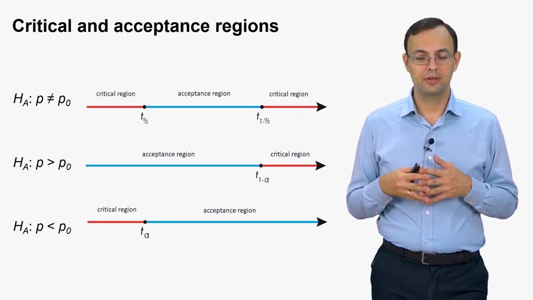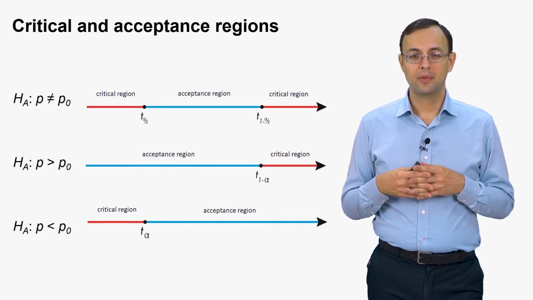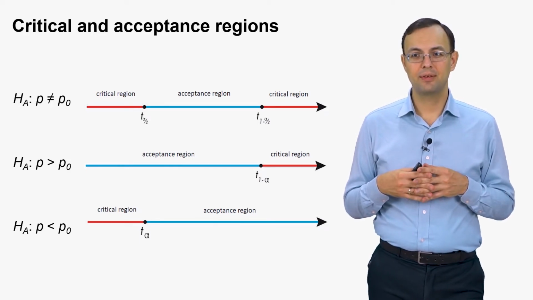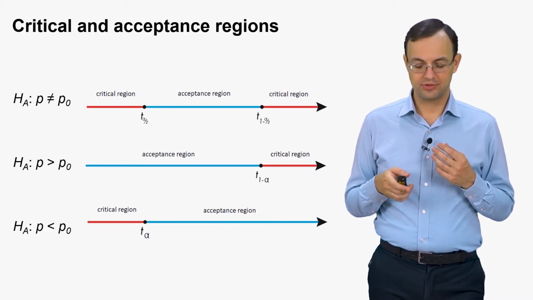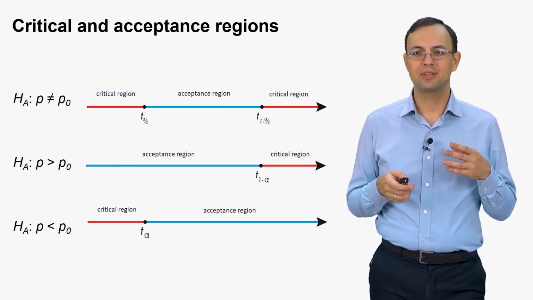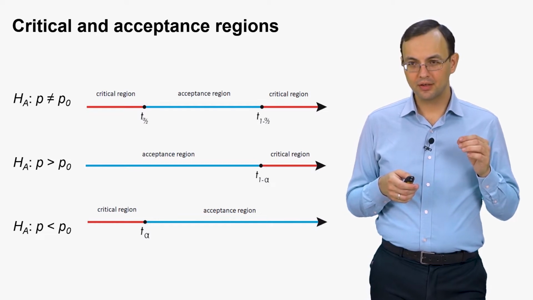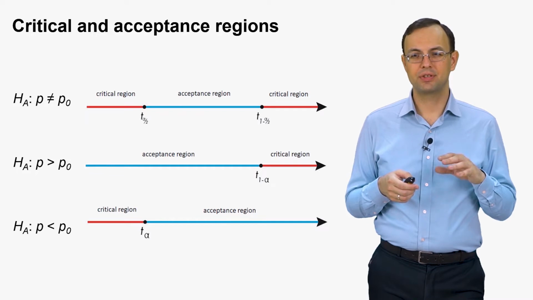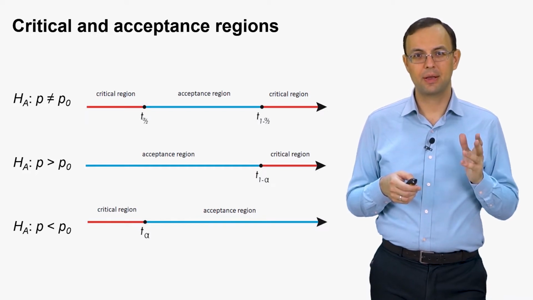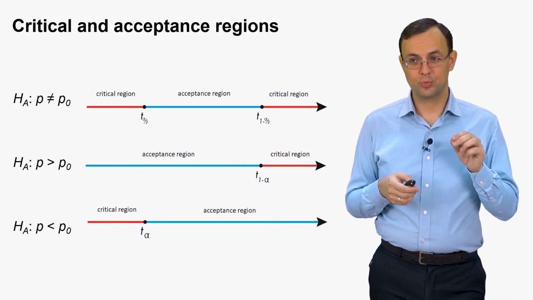If the alternative hypothesis is p less than p0, then we have a left-tailed test. So how can we understand that the tail of a critical region depends on the alternative hypothesis in this way?